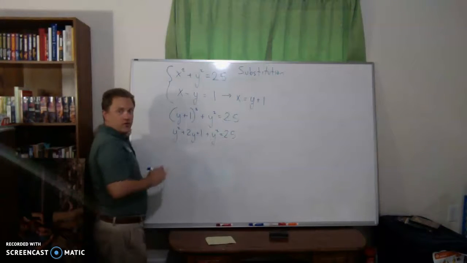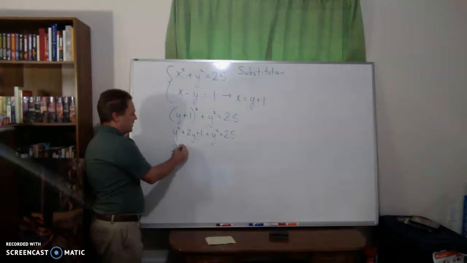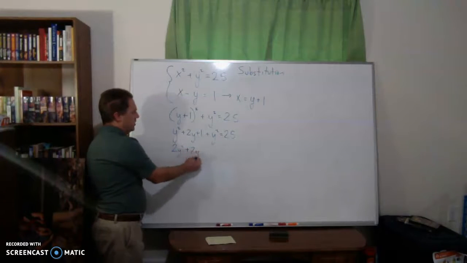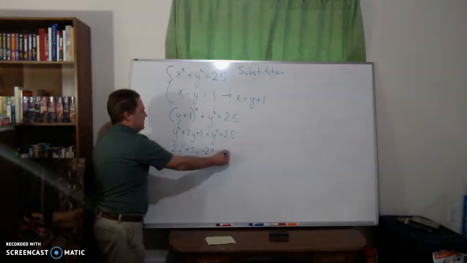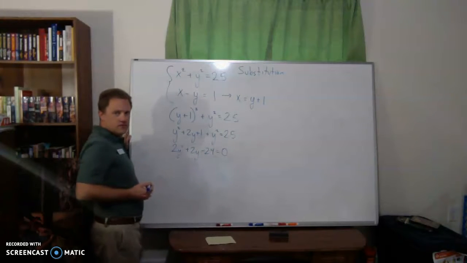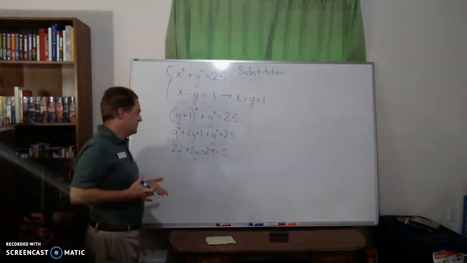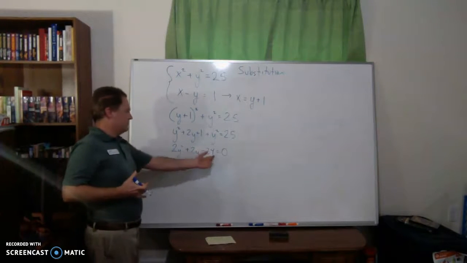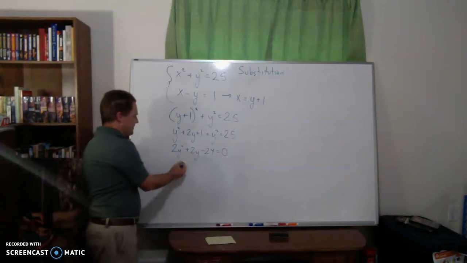Subtract the 25 over and let's combine the y squareds. So we've got 2y squared plus 2y minus 24 equals 0. First thing for factoring is let's factor out the common factor. Oh, but there's a 0 on this side, so instead of factoring it out, let's divide everything by 2.